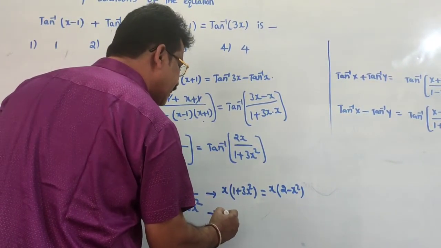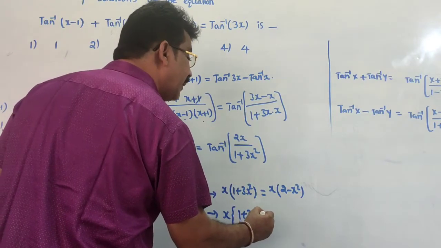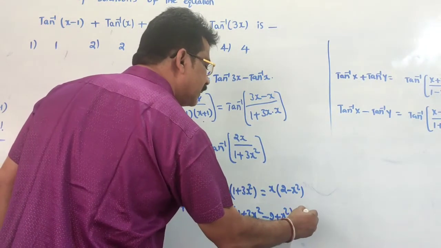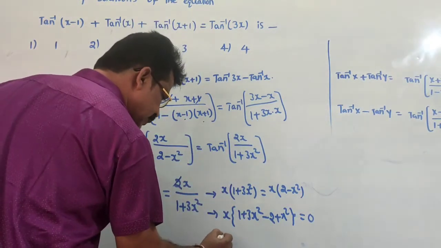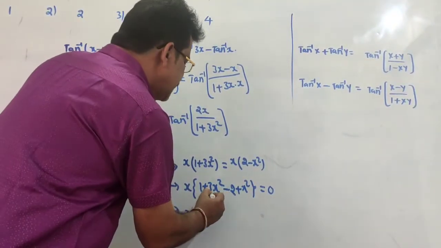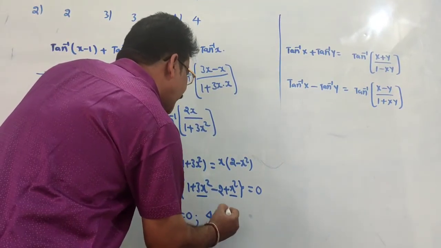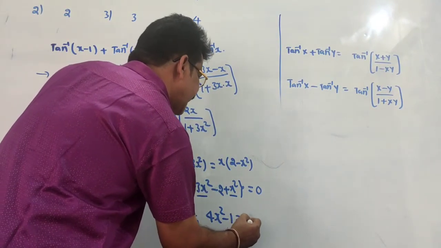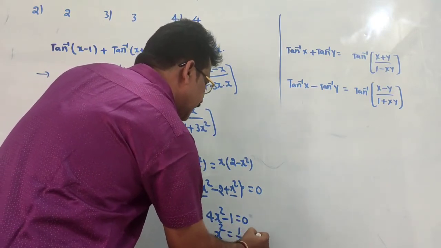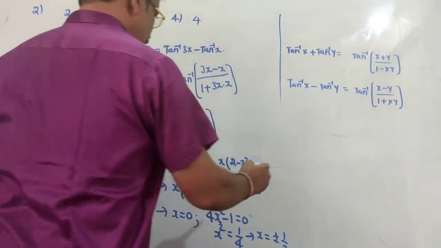So that implies x common. It is x into 1 plus 3x square minus 2 plus x square equal to 0. So either x equal to 0 or, simplifying, 3x square plus x square is 4x square, 1 minus 2 minus 1, equal to 0. Then x square equal to 1 by 4, that implies x equal to plus or minus 1 by 2.